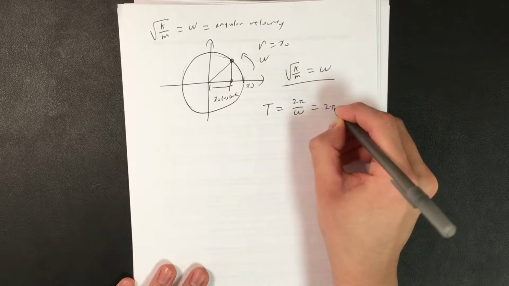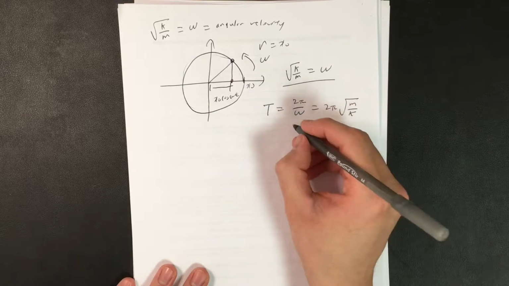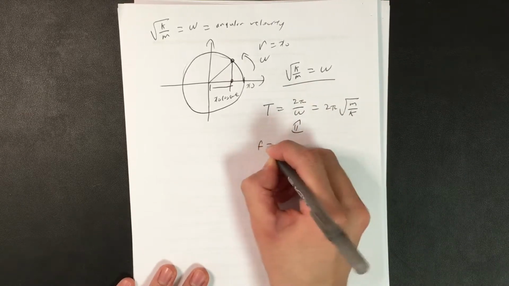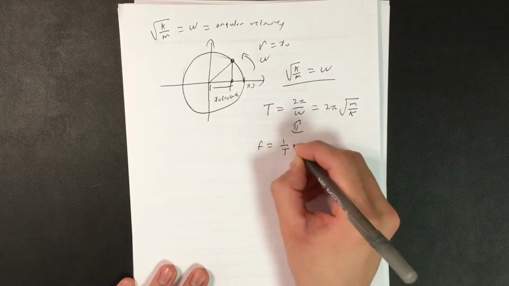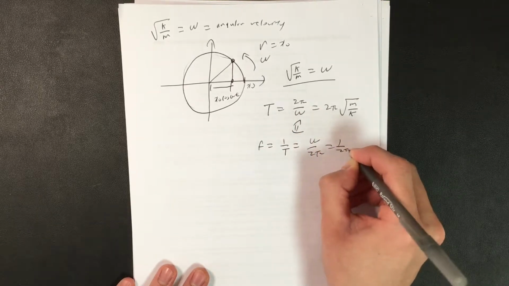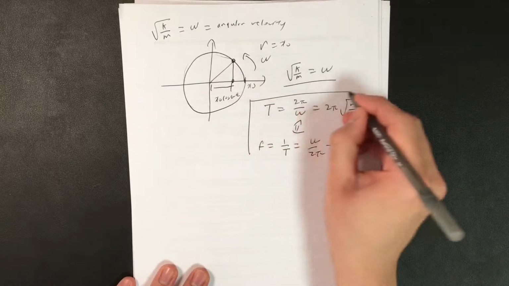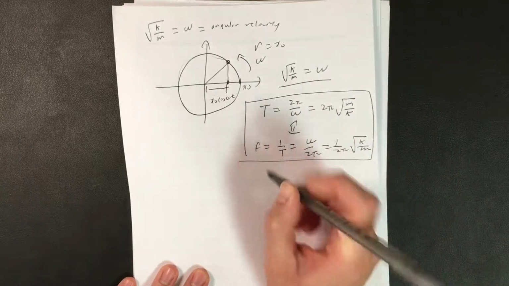In this case, this equals 2 pi times the square root of m over k. Conversely, frequency, which is 1 over period, would be omega over 2 pi, which is 1 over 2 pi times the square root of k over m.